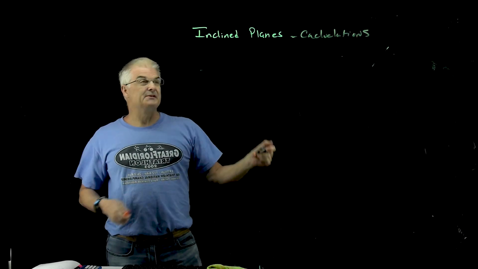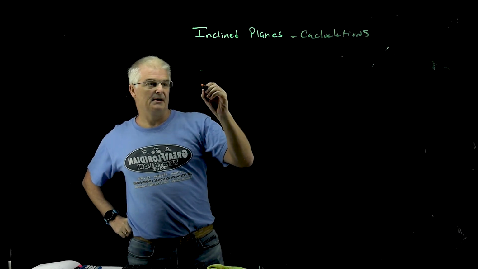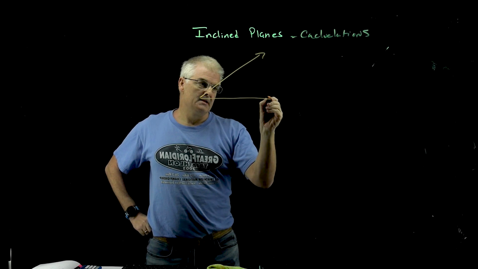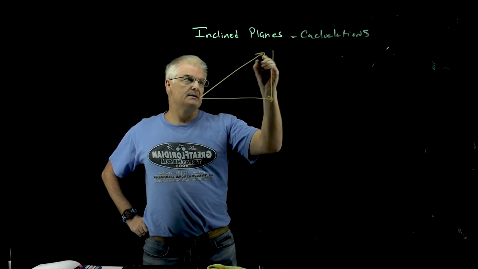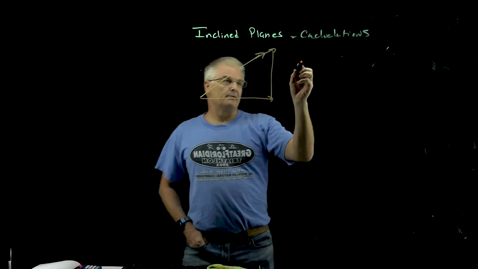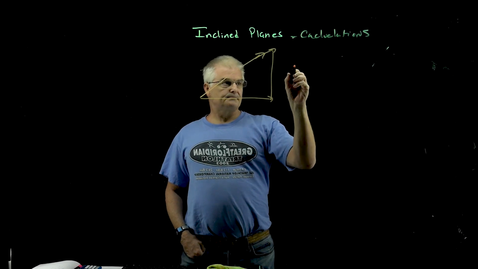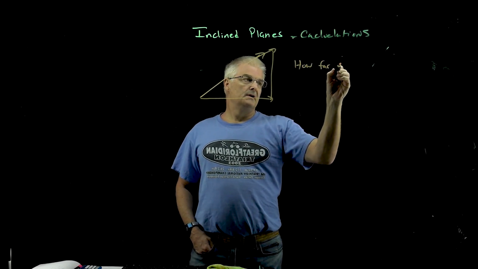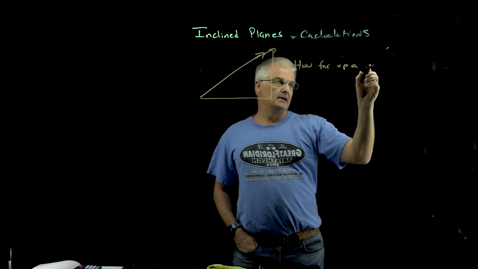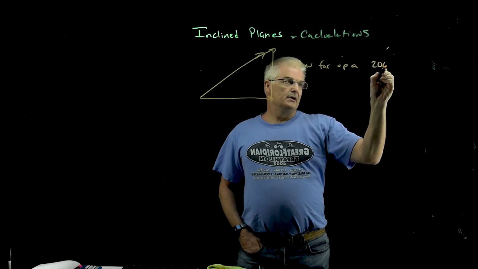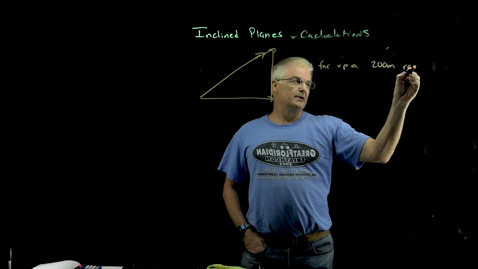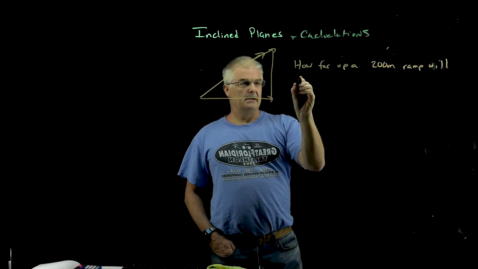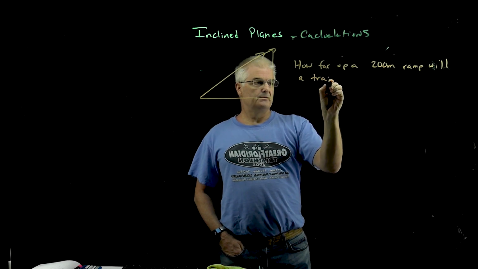All right, I think you can sort of see calculations, but let's do a problem. All right, so we've got an inclined plane. Let's say that I have, I'll write it out here.